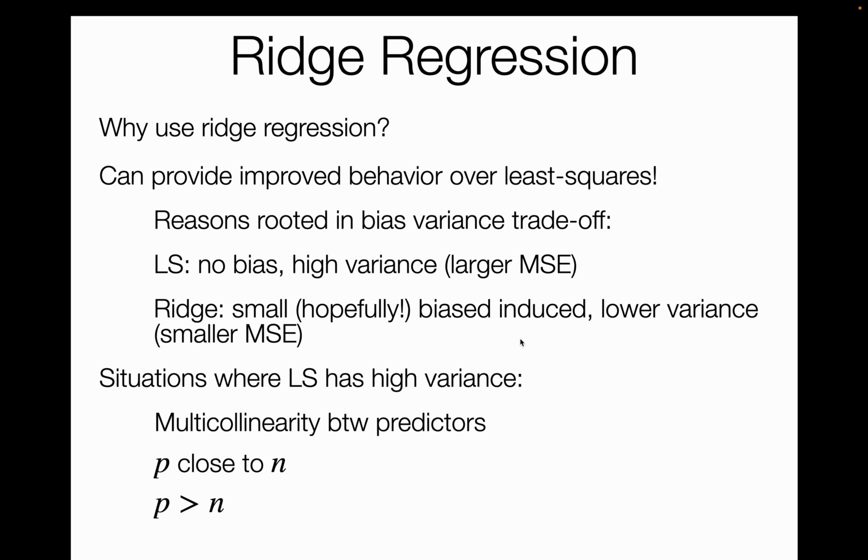It might have less variance, less variability, and hence might be closer to the truth. And so if you induce some bias, you might reduce the variance. Okay, so anyway, I probably made the video too long. So that's bias variance trade-off.